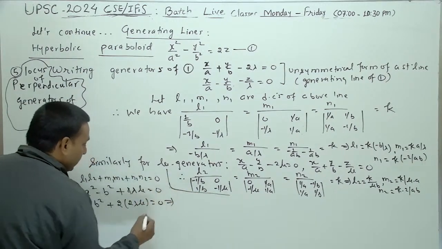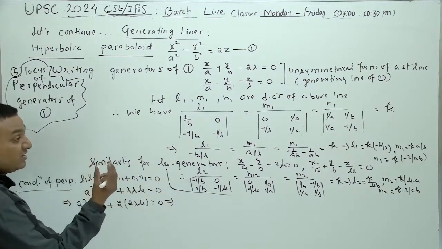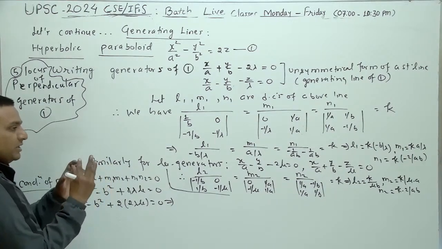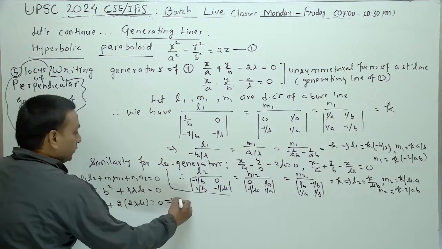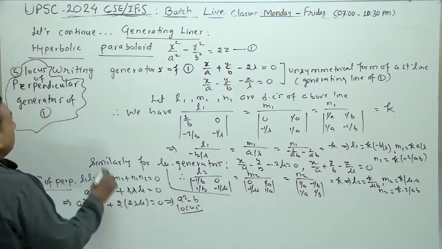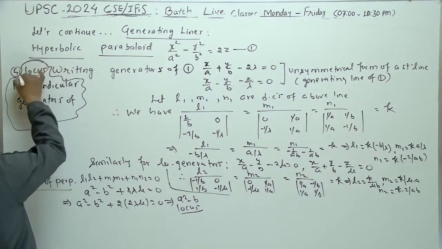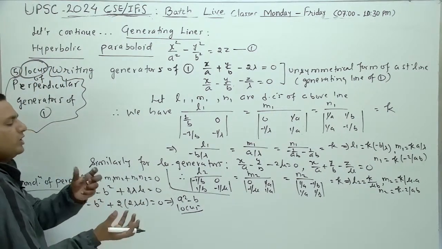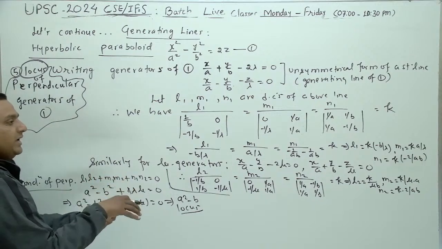Please be on the board, everyone. 2 lambda mu is representing the third term in the point of intersection. So this can be written as the locus, right? What we wish to have? The locus. So for locus, we will replace the point of intersection, or whatever point you are taking, by x, y, z.